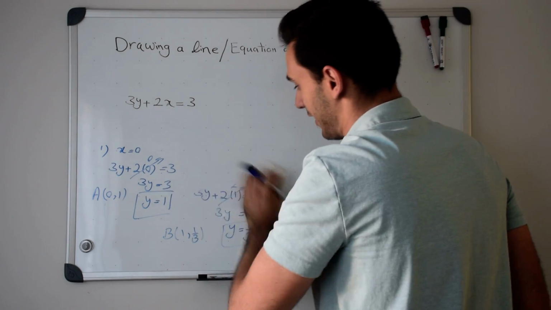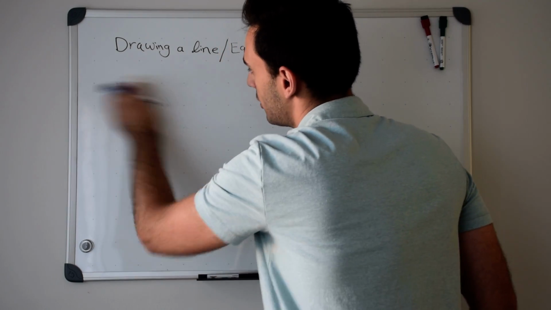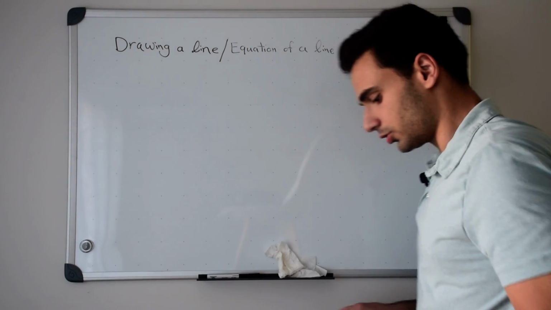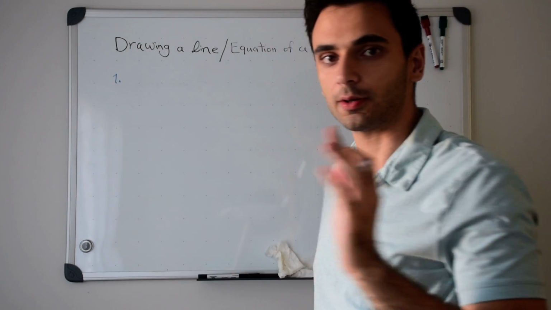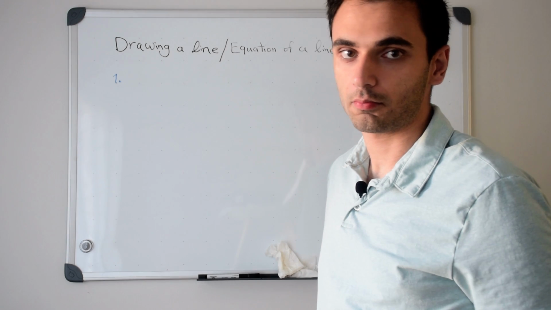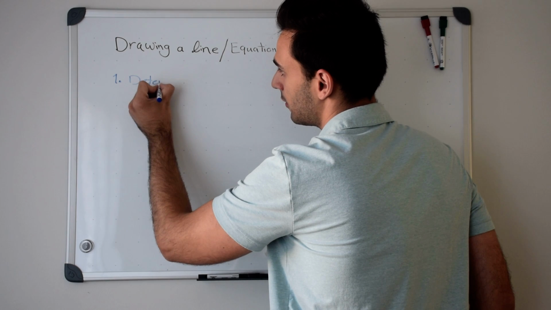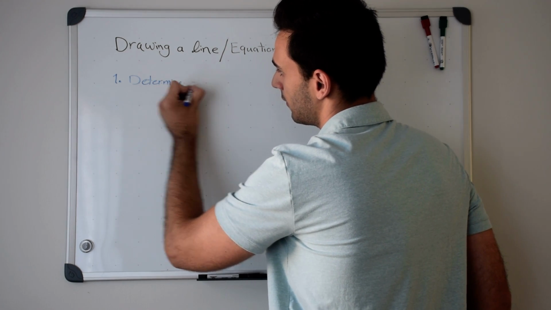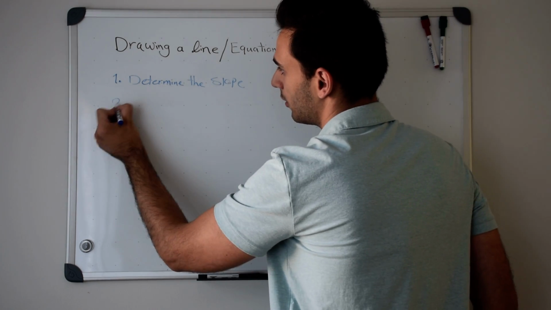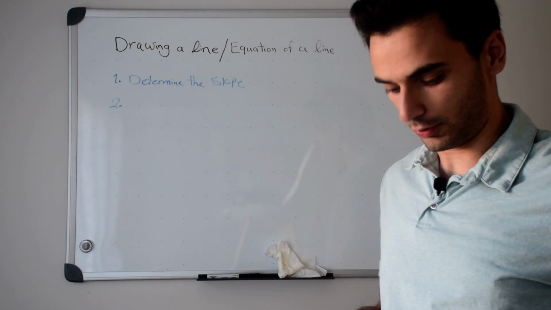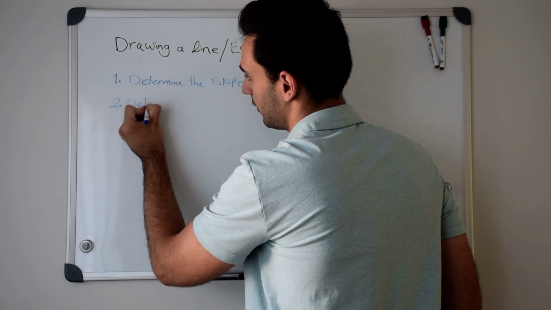So now I have the line, I want to see what's the equation. What should I do? First things first, you should determine the slope of the line. Second, determine 1 point on the line.